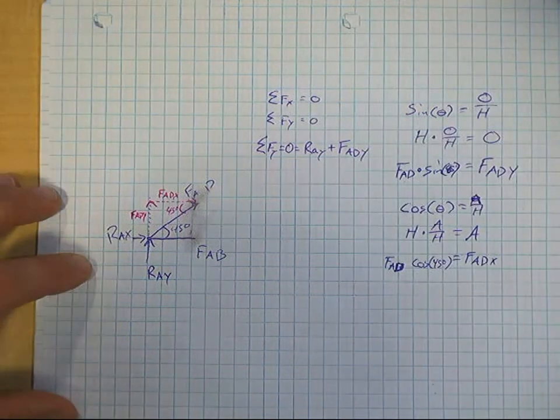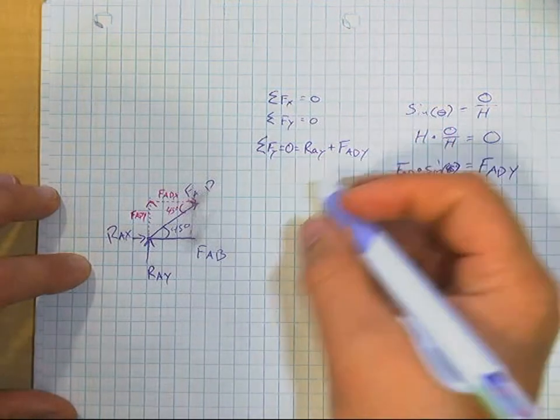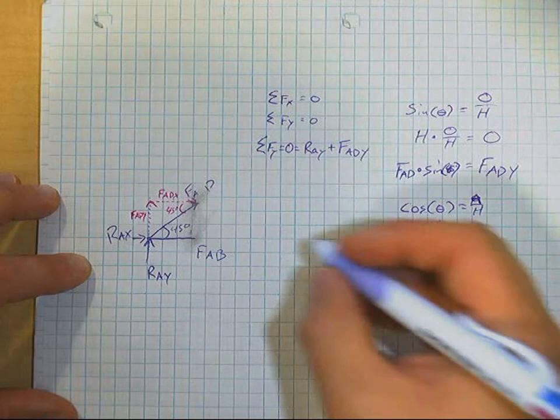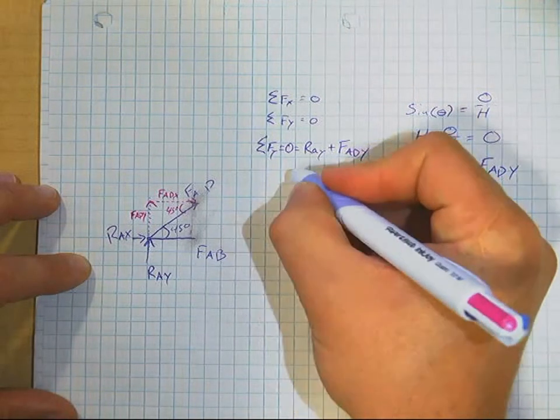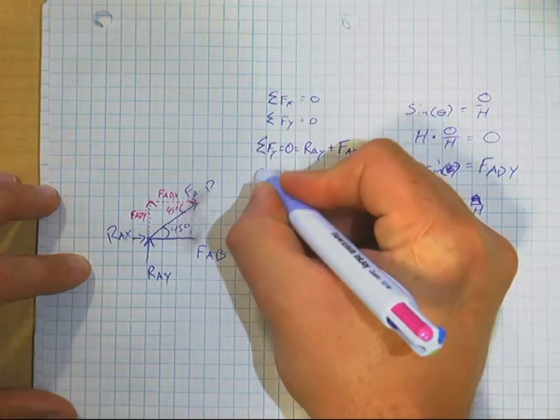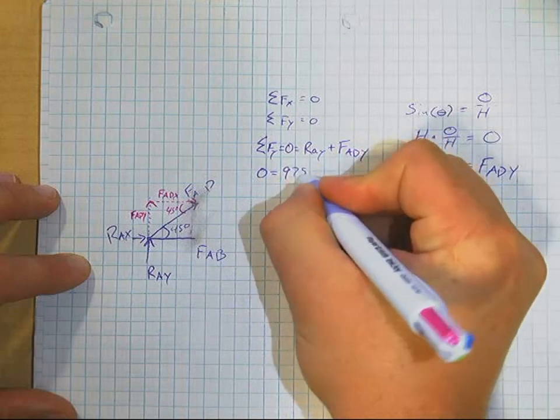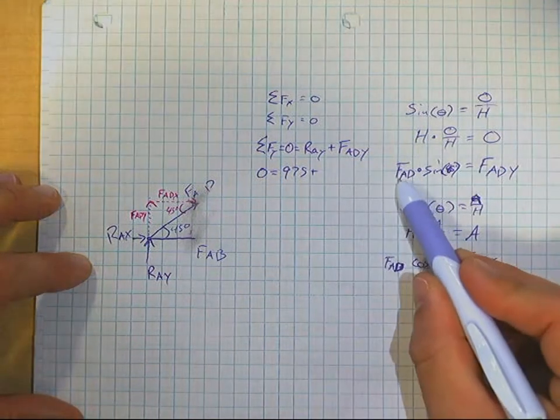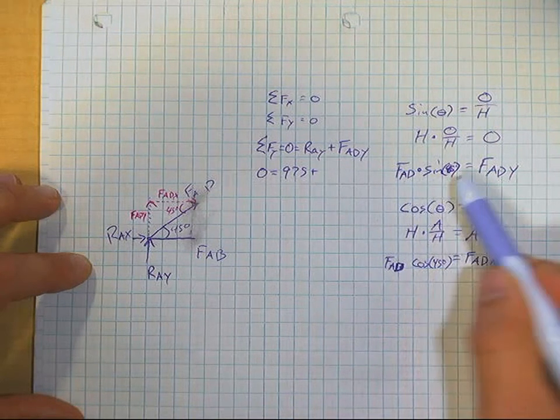What we end up with here is RAY is 975. So we get 0 equals 975 plus, and then FADY we're going to replace with FAD times sine 45.